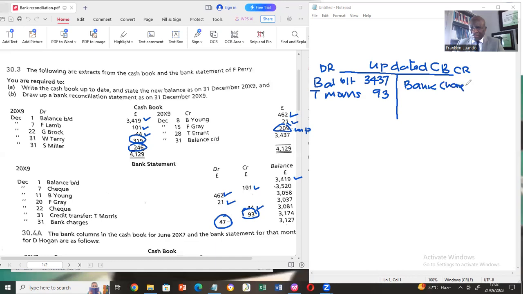Bank charges, which is 47. So you balance. The total there will be 35.30. The updated balance carried down is 34.83.